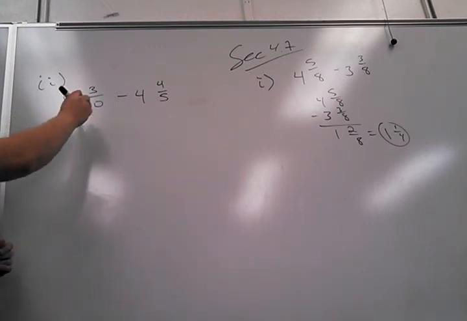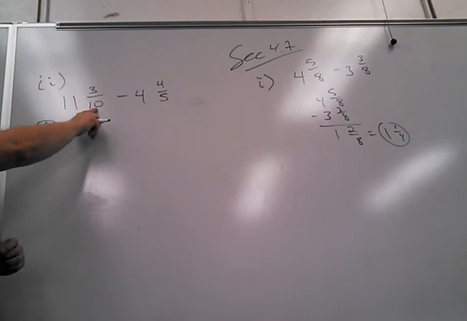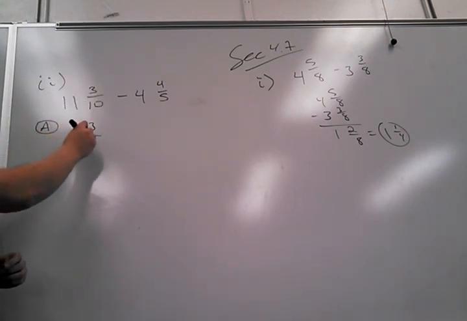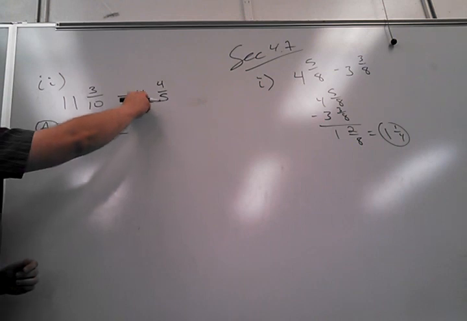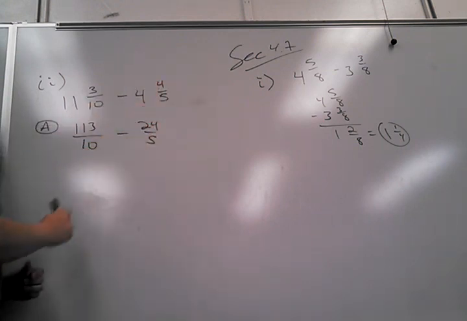So what would this be as an improper fraction? 113. 110 plus 3, 130. Okay? Cool. Minus 5 times 4 is 20 plus 4. Good.